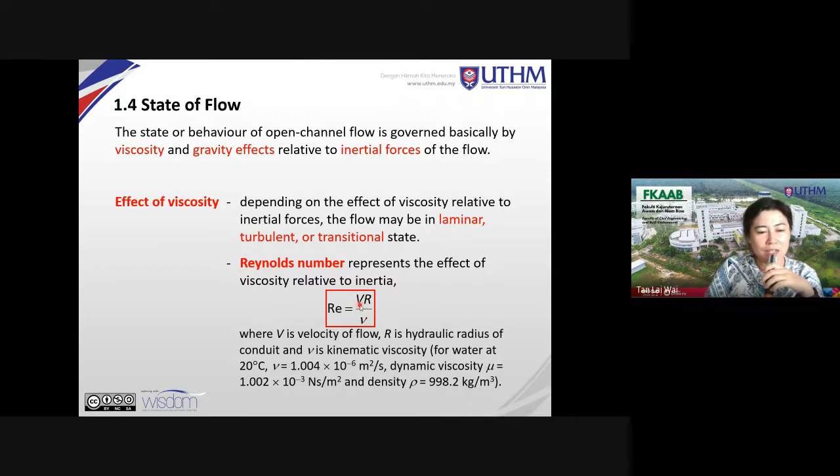Velocity is meter over second, times a meter, your hydraulic radius is in meter, so you have meter squared over second. Since you know Reynolds number has no unit, your kinematic viscosity would be meter squared over second as well. All right.